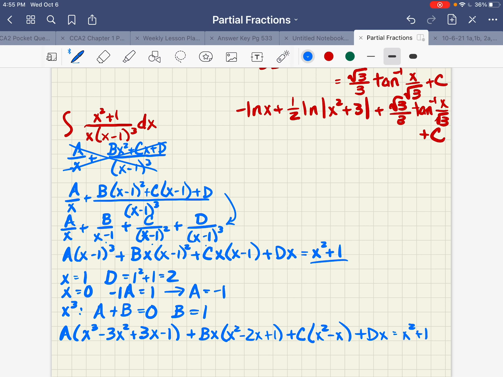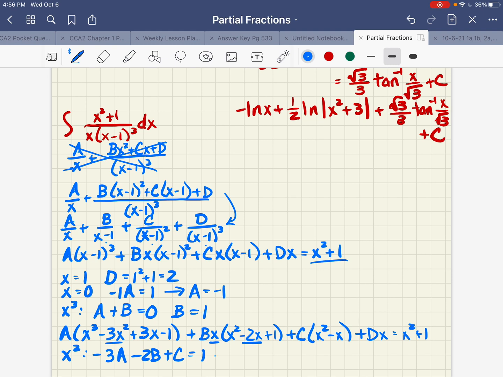All right, so I'm going to do one thing so I can get my c terms. So I'm just going to do the x squared ones. So let's see, I've got negative 3a from there. I have this and this, so this would be minus 2b x squared plus c x squared equals 1.